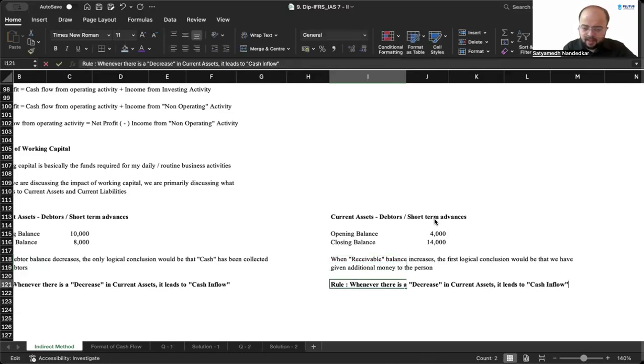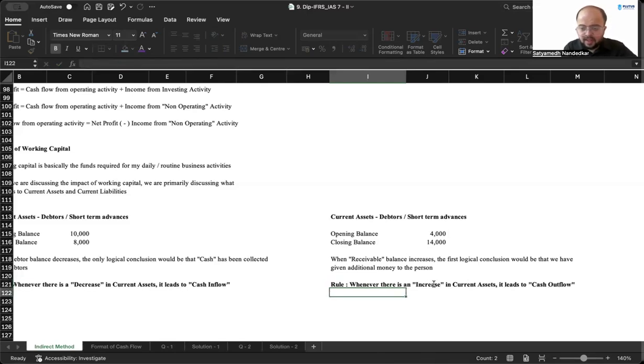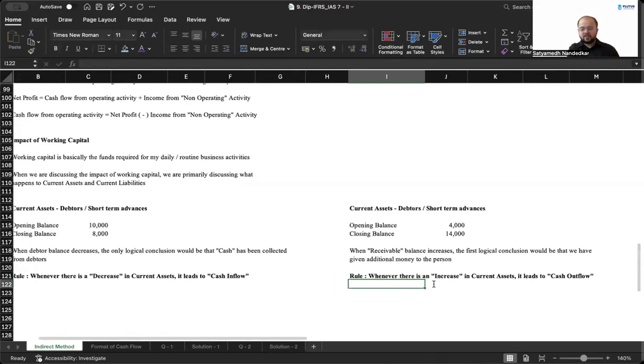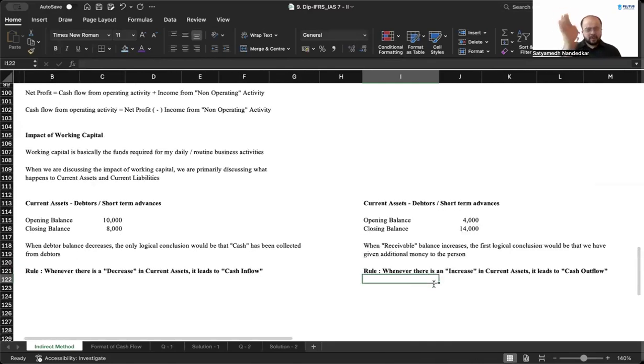So basically, whenever there is an increase in current asset, it leads to cash outflow. Okay. So this is my second rule. Whenever there is an increase in current asset, it leads to cash outflow. I'll give you a trick also to remember how this works.